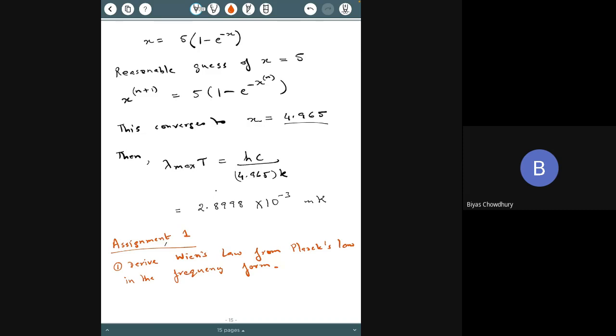So it makes more sense to go over to the lambda picture in Planck's law before deriving it. But it would be interesting to see what happens if we find Wien's law from Planck's law in terms of frequency.